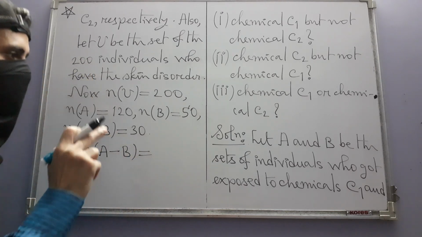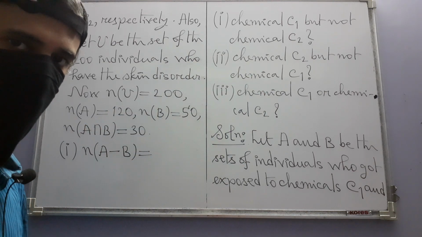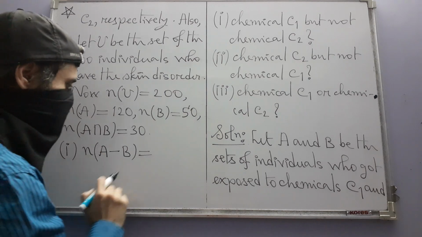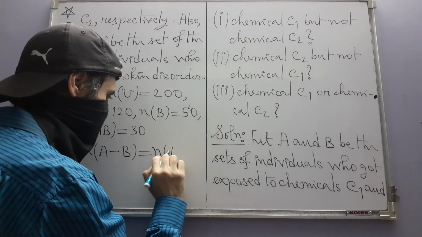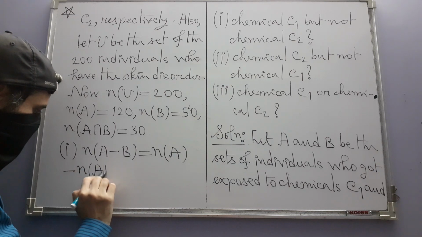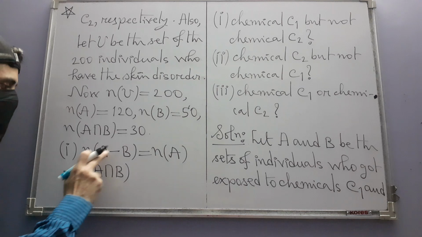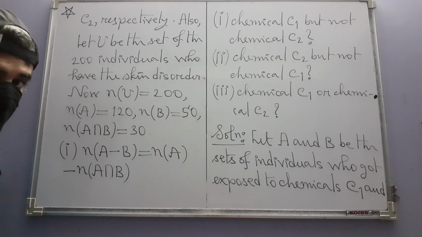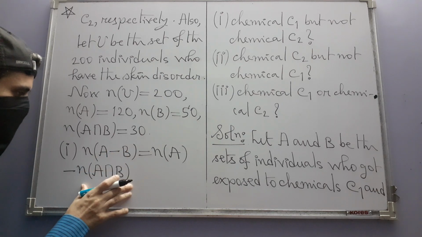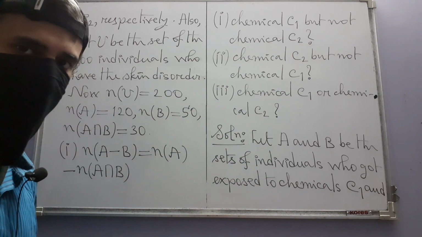Now you recall one of the two formulas that we put within boxes. According to the smaller one of them, this is NA minus NA intersection B. Do not carelessly write NA minus NB. That may not be true. Keep in mind that we have found this only after analyzing all the other formulas and Venn diagram and everything.